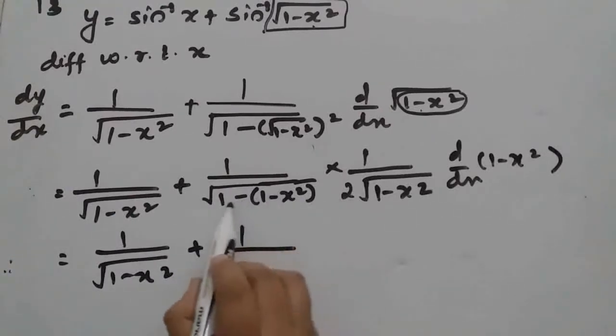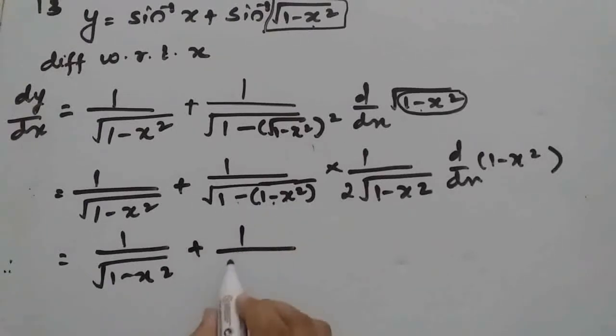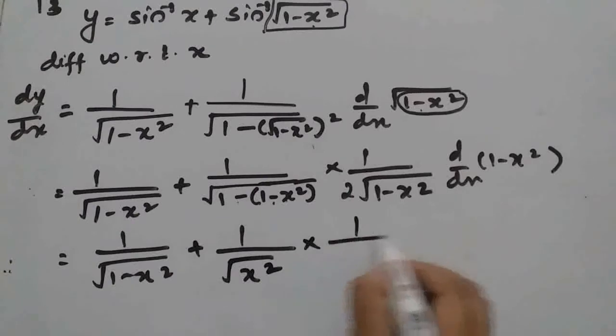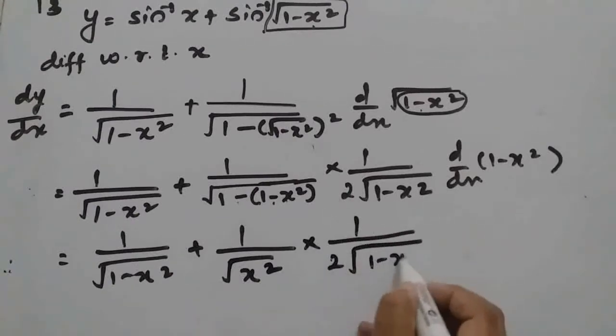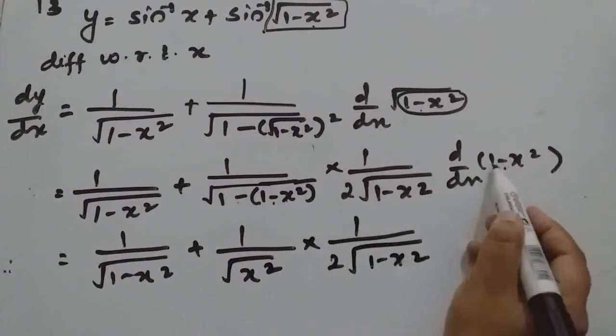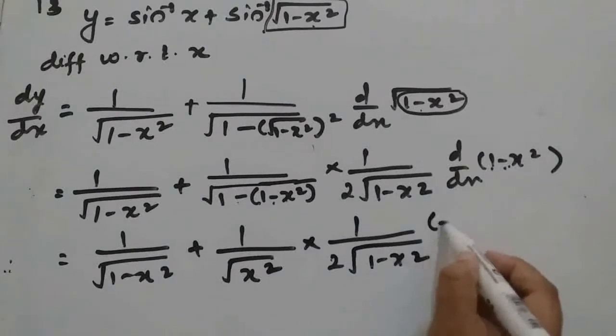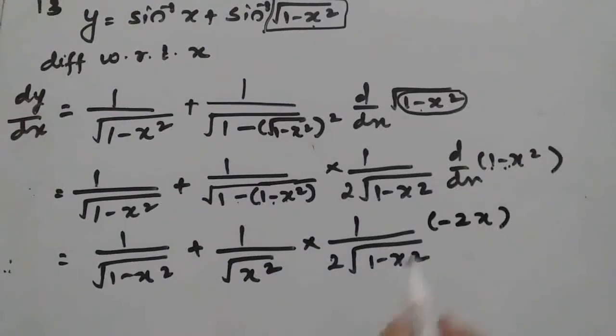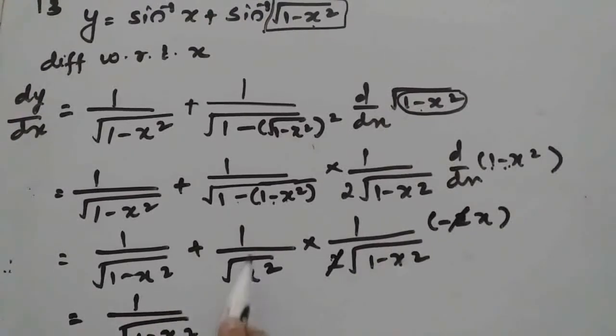Now this is root 1 minus x square. Here see, 1 minus 1 will go, minus minus plus, only root x square will remain. And here the same term, and here the derivative of 1 will be 0 and this will give minus 2x. So 2 will go here, and in the next step the root and square root will go, and the answer will be 1 by x.